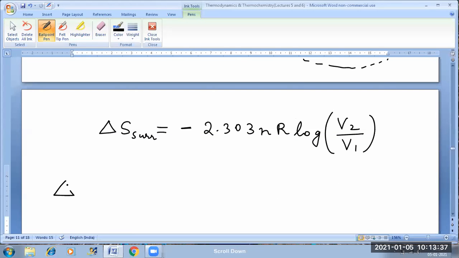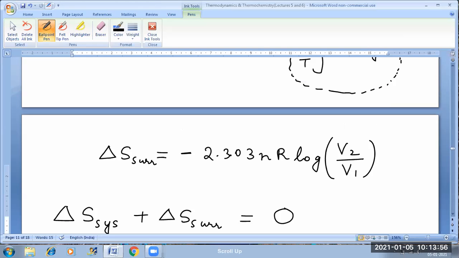Can I say if I add up the two things, delta S system plus delta S surroundings, in this reversible isothermal process, it comes out to be 0? Why?